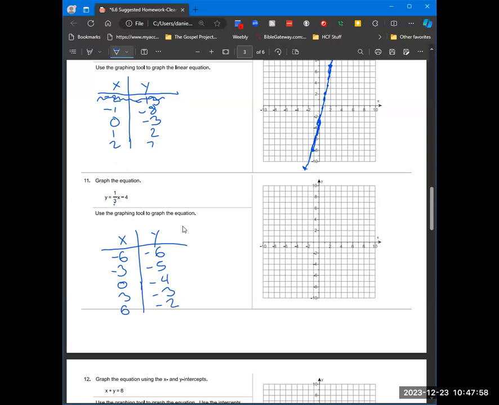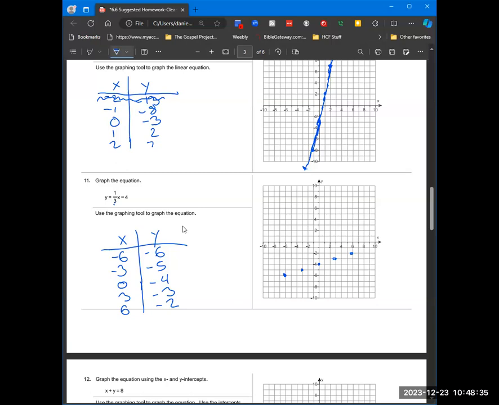So -6, -6 should be right there. And then -3, -5 should be right there. And then 0, -4 should be there. And 3, -3 should be there. And 6, -2 should be there. And so on.